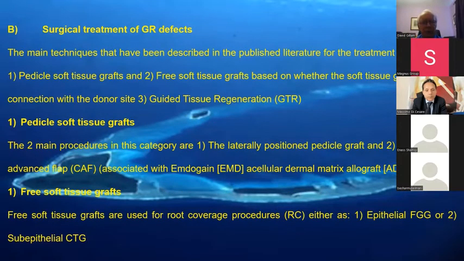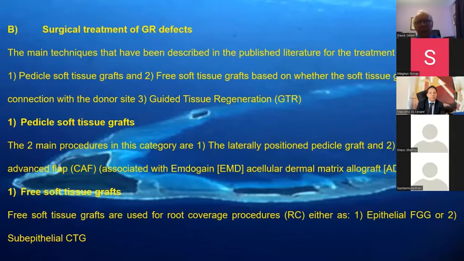And here is the surgical one, and we've touched on this already, and for the sake of time I won't prolong it, but certainly these are procedures that have been recorded in the literature, and there's success for most of them.